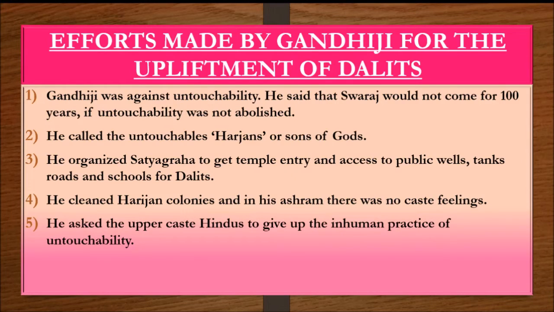He also made the upper caste people realize that they should change their perception and give up the evil of untouchability. They used to treat these Dalits as untouchables, and they used to treat them very badly. So he suggested to these upper caste people to leave that feeling of untouchability, which is an inhuman practice.